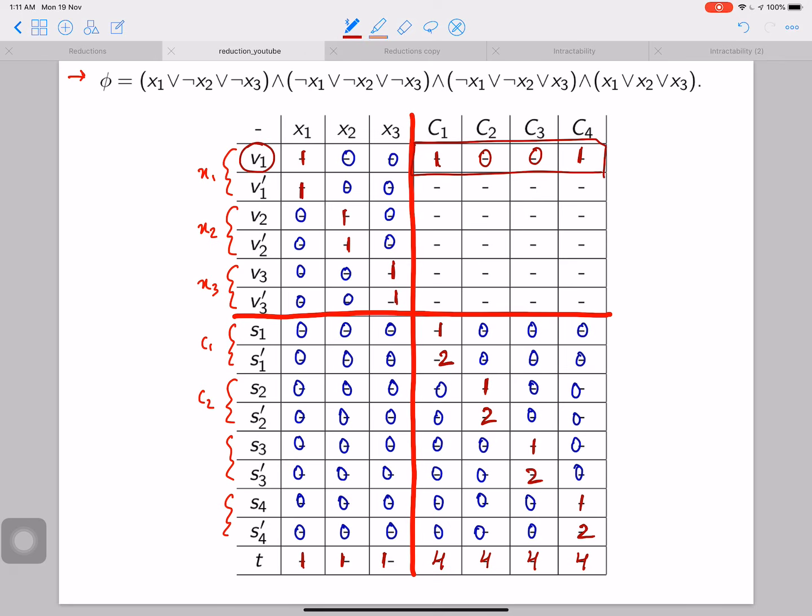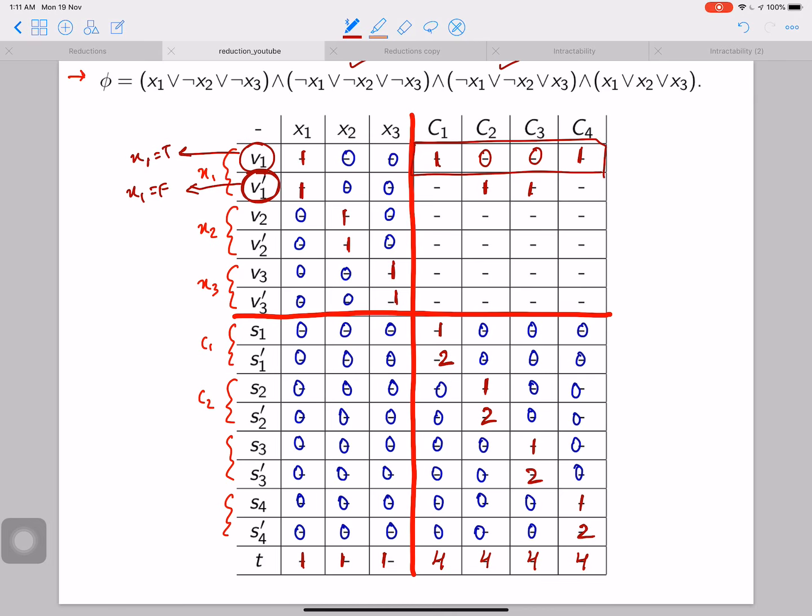Likewise, v1 dash represents x1 being false. If x1 is false, we have to identify the clauses which are satisfied, and they are these two.